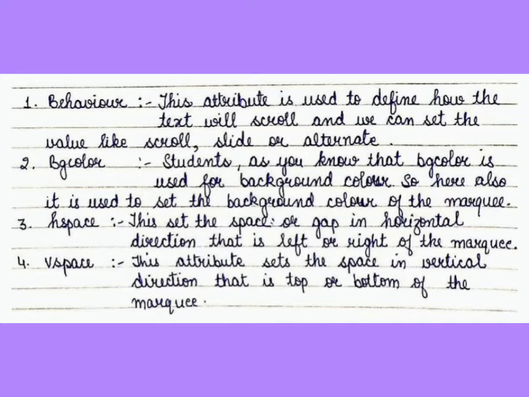Number 3. H space. This sets the space or gap in horizontal direction, that is left or right of the marquee. Number 4. V space. This attribute sets the space in vertical direction, that is top or bottom of the marquee.